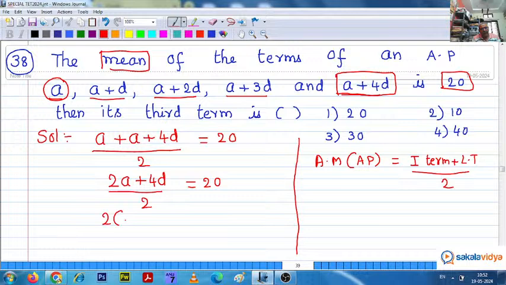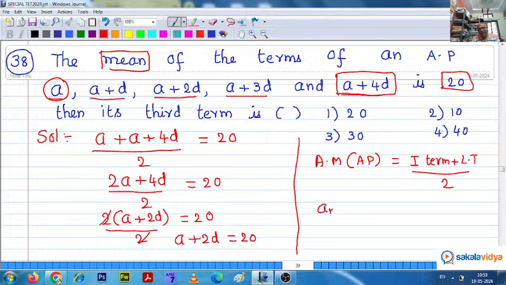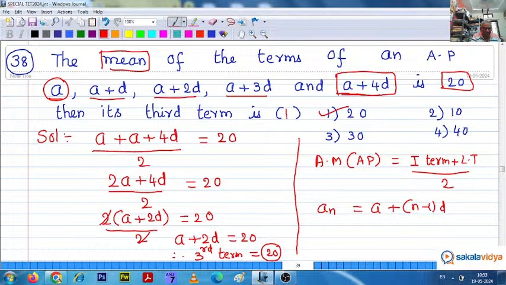Take 2 common, you have 2 times (A plus 2D) by 2 equal to 20. The 2 gets cancelled, you have A plus 2D is equal to 20. Since a_n is equal to A plus (n minus 1) into D, A plus 2D is the third term. So the third term is equal to 20. So our answer is 20. The first option is the right option.